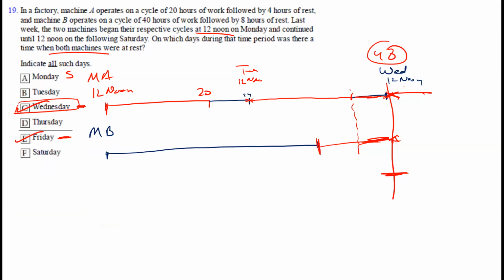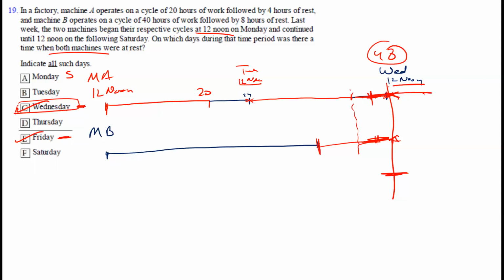Because on Wednesday 12 noon, they start at the same time. This is the point where they meet. So this is 12 noon on Tuesday. So Tuesday finishes, and Wednesday is going to start. So this is 12 noon of Wednesday.